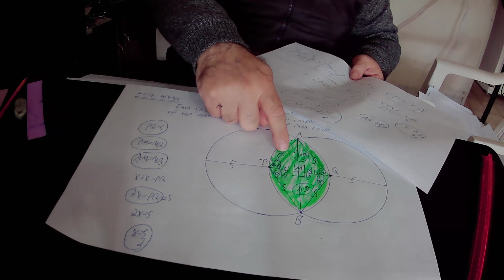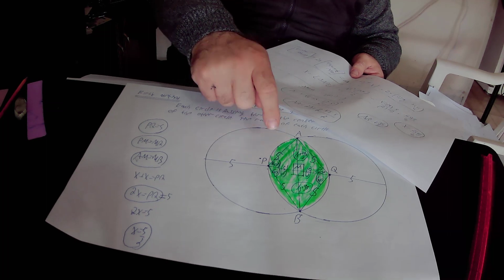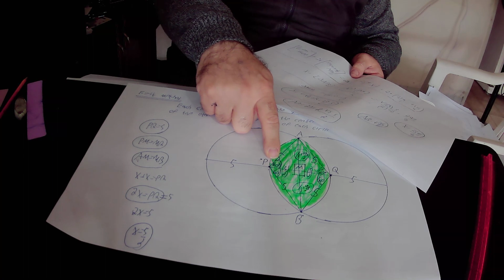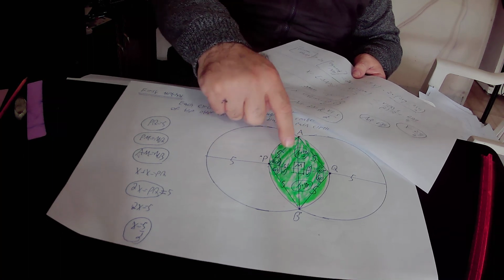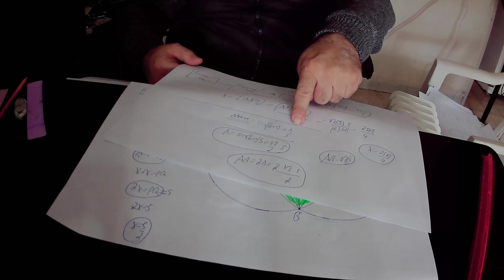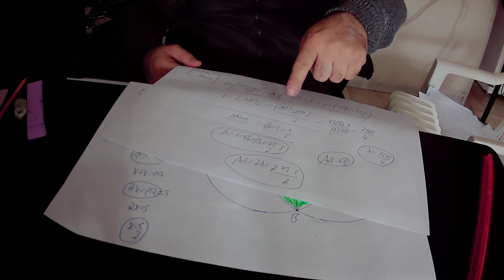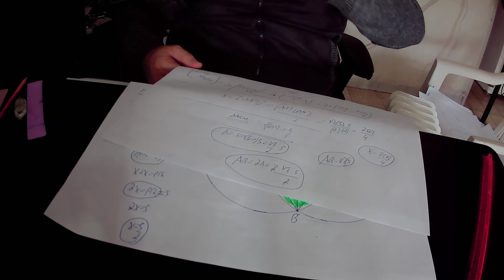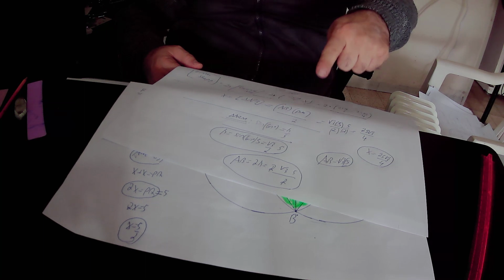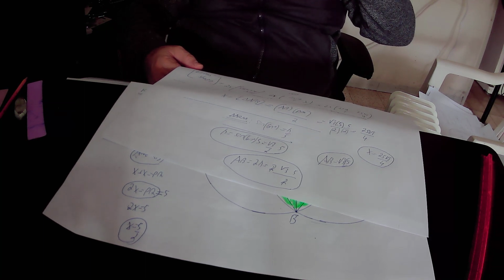We focused on this triangle MPQ. In this triangle, we know that sine 60 degrees equals AM over 5. Sine 60 degrees equals AM, that is H, over 5. So we multiply this equation by 5, and we found out that H equals 5 times sine 60 degrees. Sine 60 degrees is square root of 3 over 2.